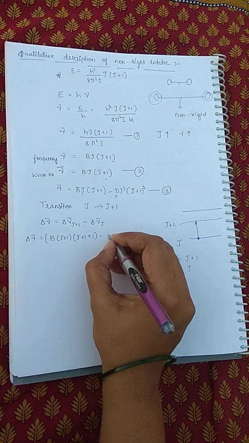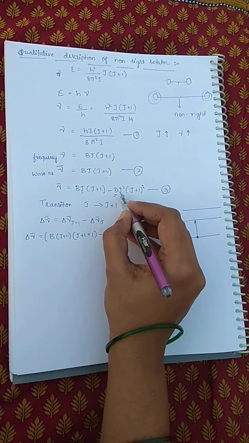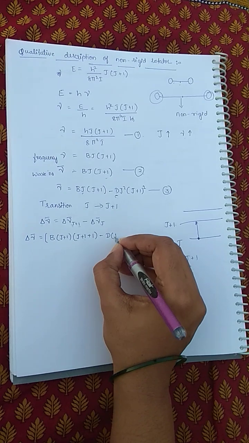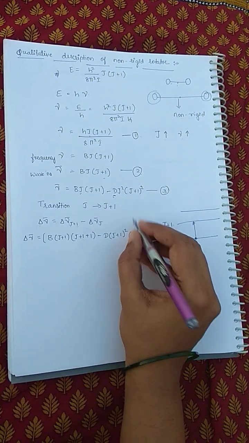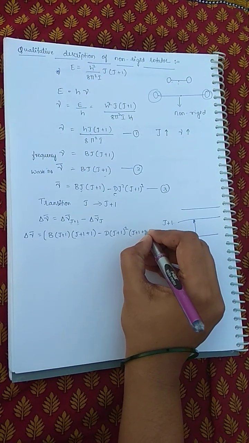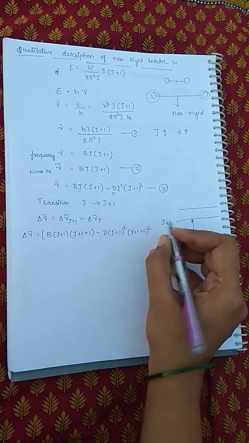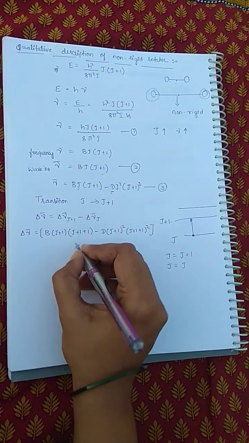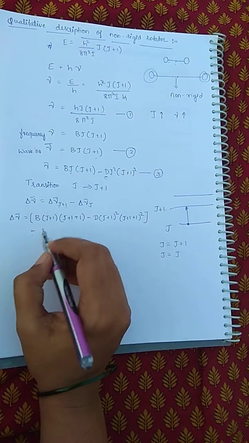Minus D, instead of J we write J plus 1 whole square, and again J plus 1 whole square. This one term is completed. Now close the bracket. Now the minus sign stays as it is.